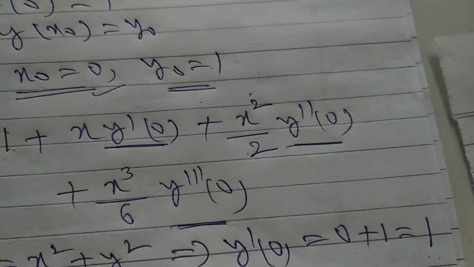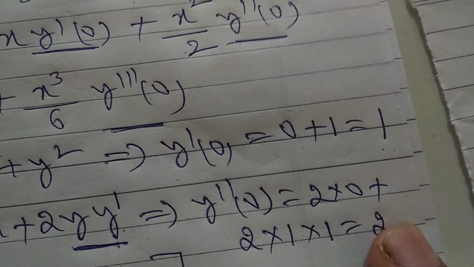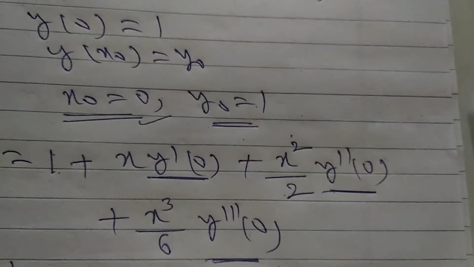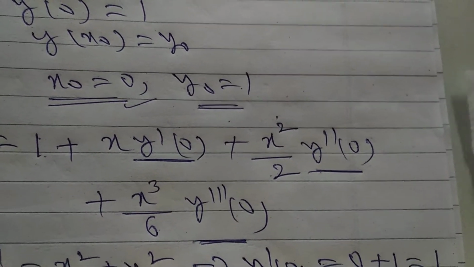Plus x square by 2, you have to write down as it is, and what is the value of y double dash of 0? It is 2. Plus x cube by 6 into y triple dash of 0, that is equal to 8. Substitute. So now simplify this.